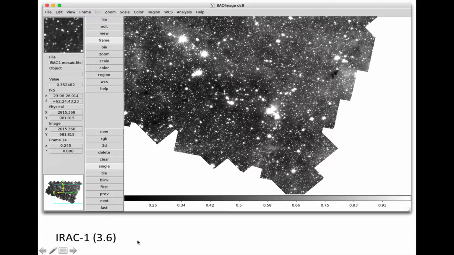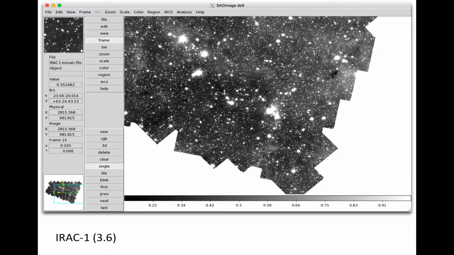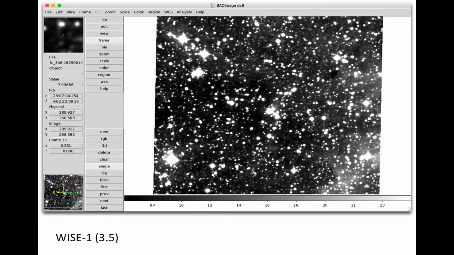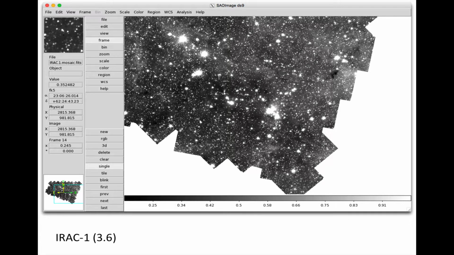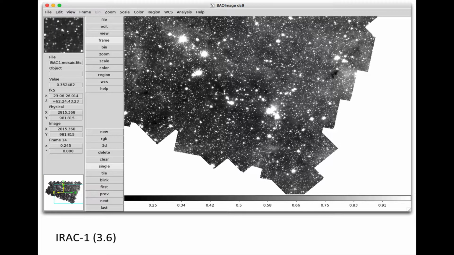All right, so now we're moving into more space-based data. We've got IRAC 1, 3.6 microns, WISE 1, 3.5 microns. Look at how the resolution is different and the number of sources detected is different. That's because IRAC is higher spatial resolution and IRAC is more sensitive.